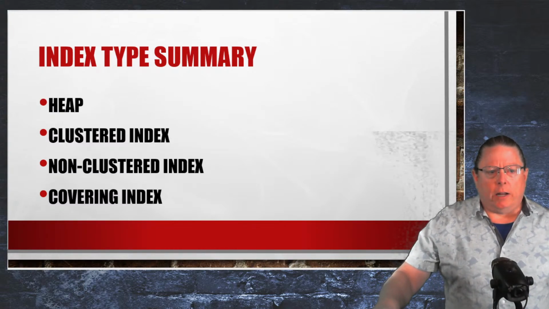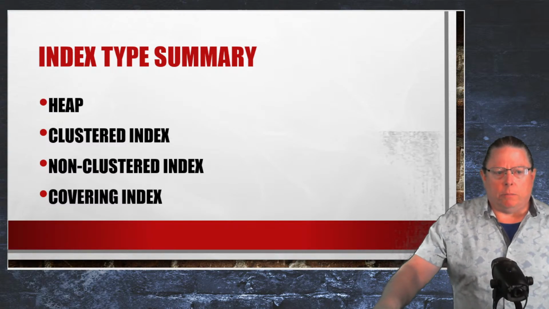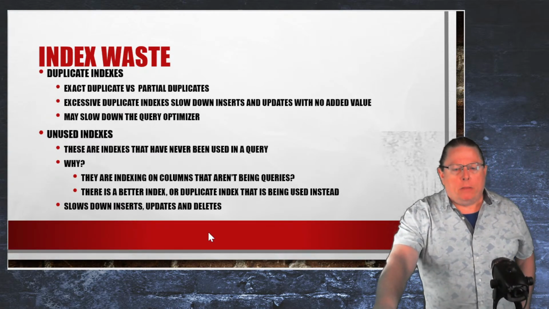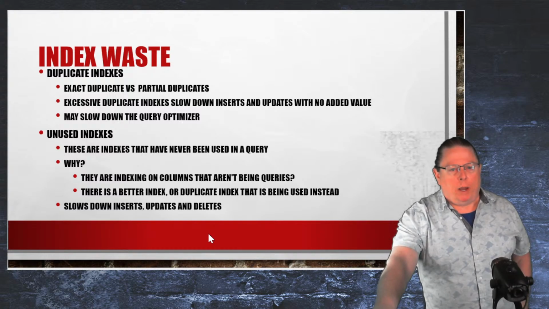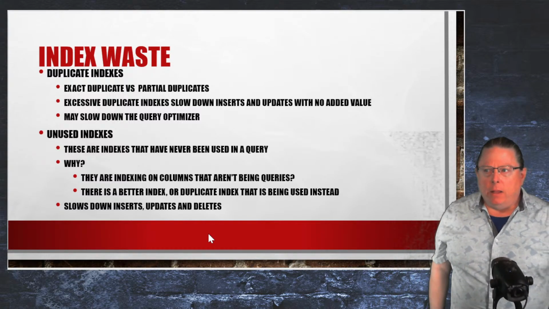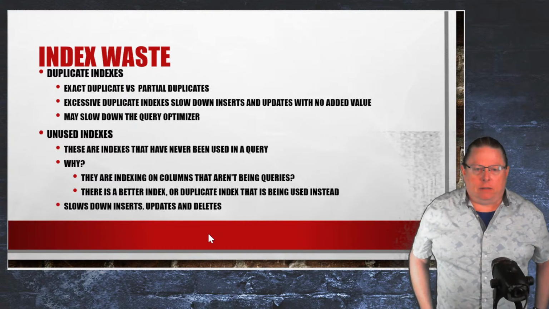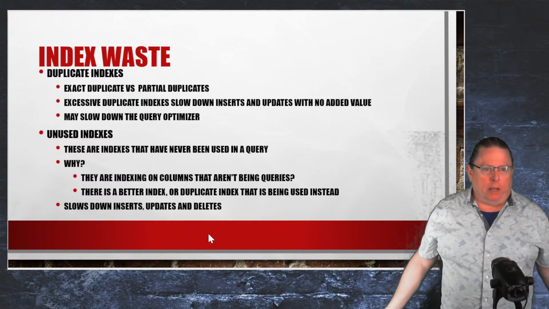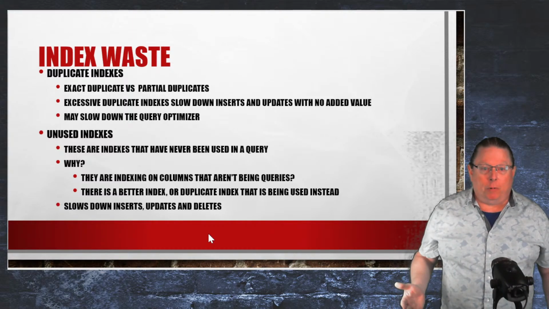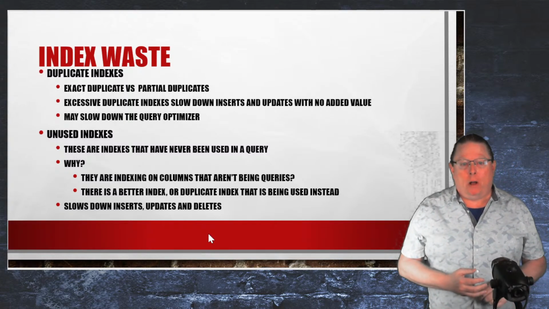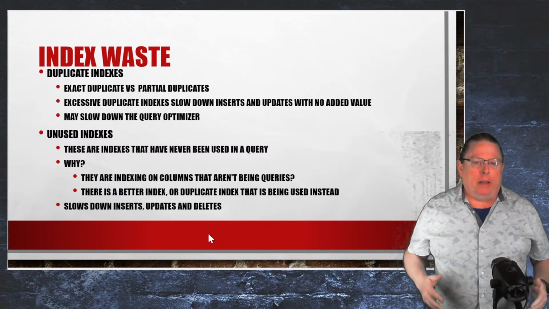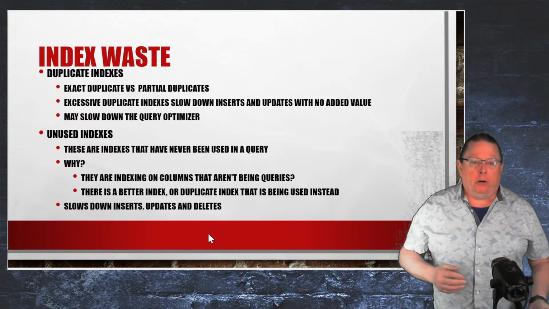Actually, a couple more slides before we get into the demo, because some of these apply to the demo. So there's the concept of index waste. The thing with SQL Server is that tables are usually your biggest thing in the database. And with those tables, you end up with big indexes as well. As your database gets bigger and bigger and your tables get bigger and bigger, so do your indexes.